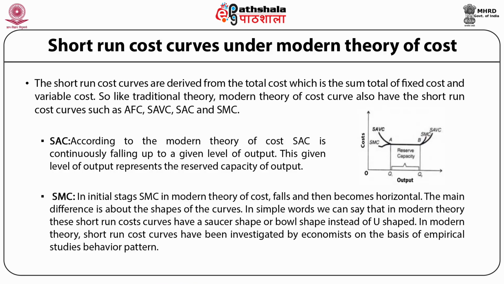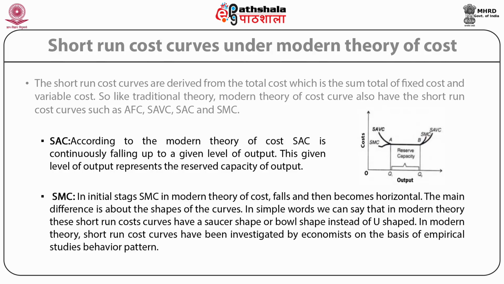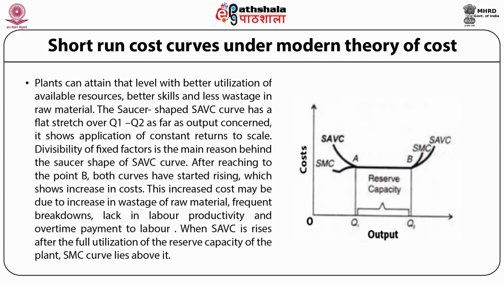Falling SAVC shows the optimum utilization of fixed factors and increase of productivity of the variable factor that causes the reduction in cost. Plants can attain that level with better utilization of available resources, better skills, and less wastage in raw material.